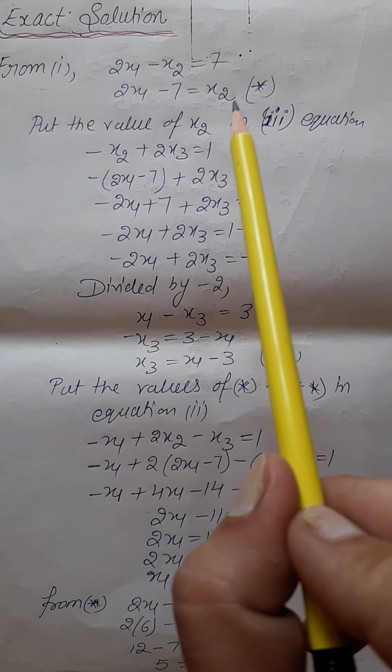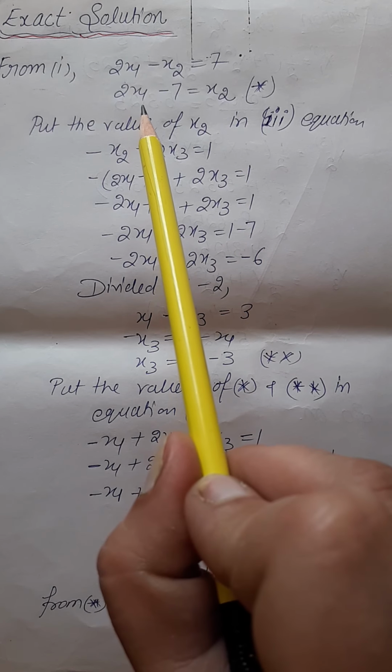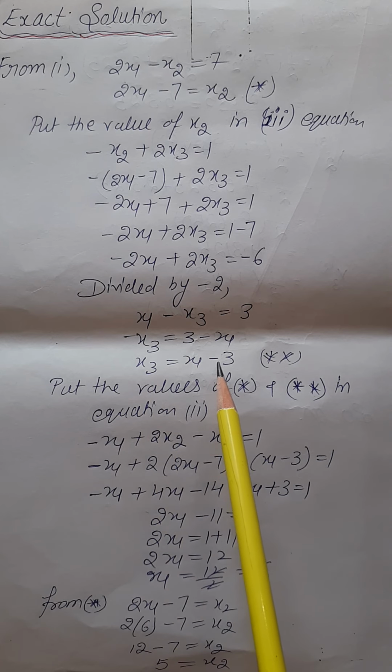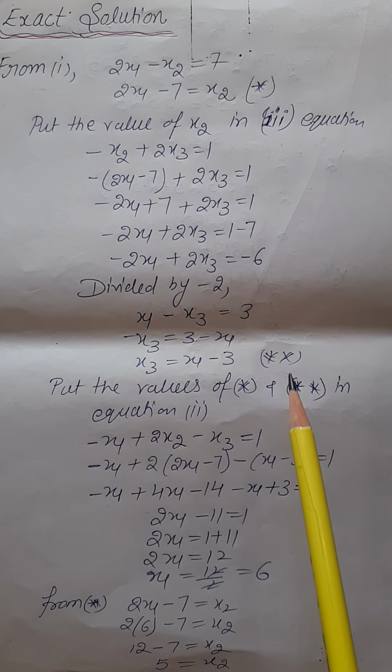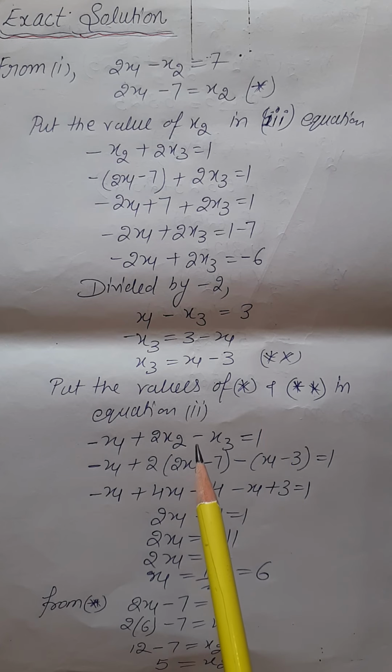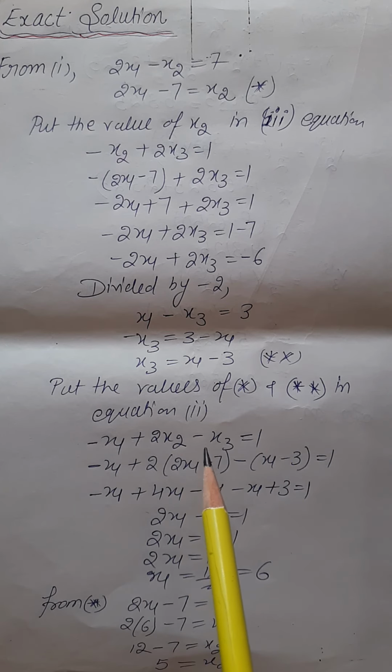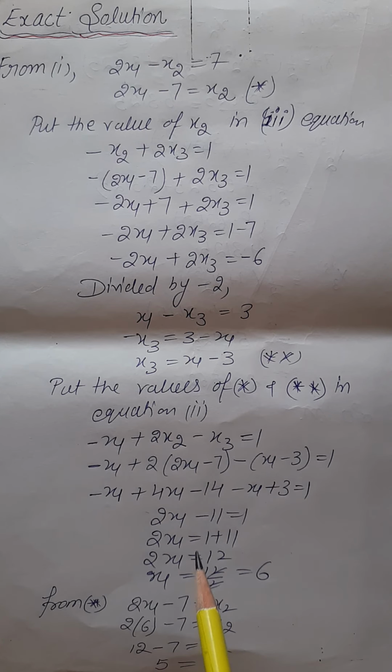We get the value of x2 in the form of x1 and the value of x3 in the form of x1. So we put these two values in our next equation, the second equation. After putting the values, we get the final value of x1 as a constant.